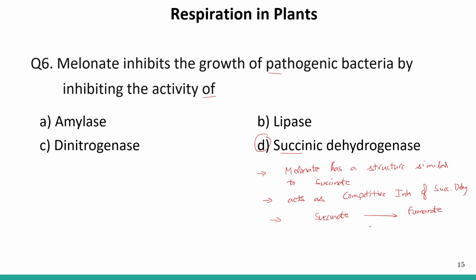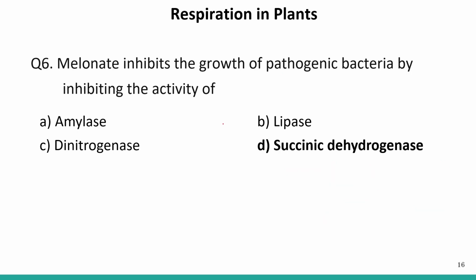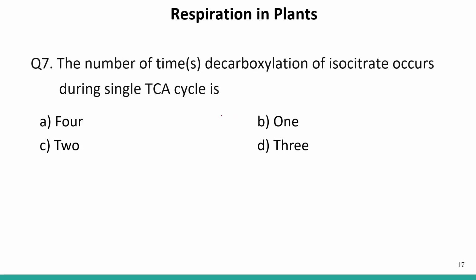And what is happening? FADH2 is produced from FAD. So what should be the answer? The answer is option D. Malonate inhibits the growth of pathogenic bacteria by inhibiting the activity of succinic dehydrogenase.